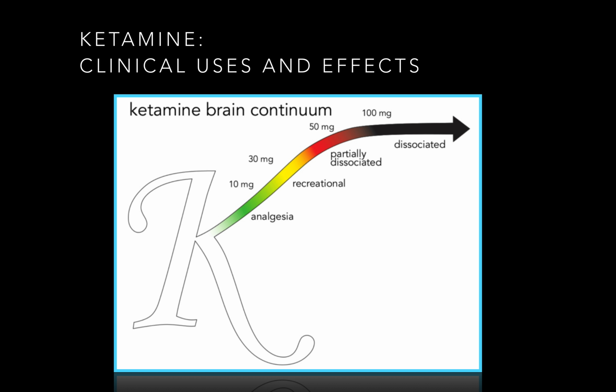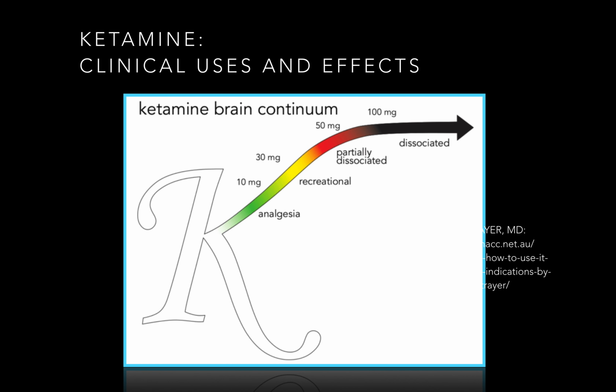In low doses, it's being used for just pain control and analgesia, and has very little psychotropic effect or sedation effect at all. And then as you walk up into the dosing, you see some unusual effects, and then as you get a little higher into the dosing, you end up with the dissociative doses, which is typically what we are targeting in procedural sedation.